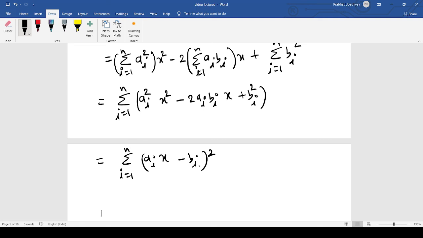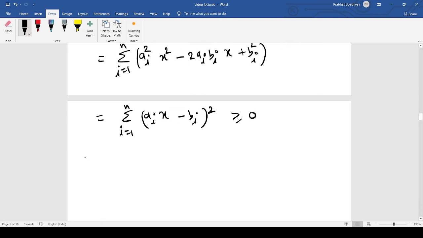Now it is an addition of complete square terms, so this is always going to be greater than or equal to 0. So you started with a polynomial of degree 2, f of x given by A x square minus 2B x plus C, and you got that this second degree polynomial always assumes value greater than or equal to 0.